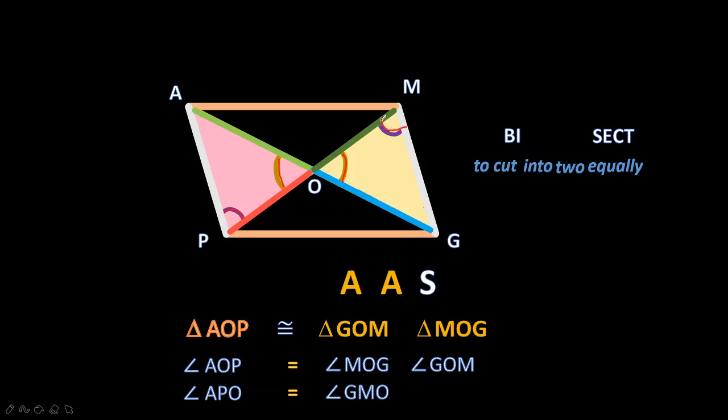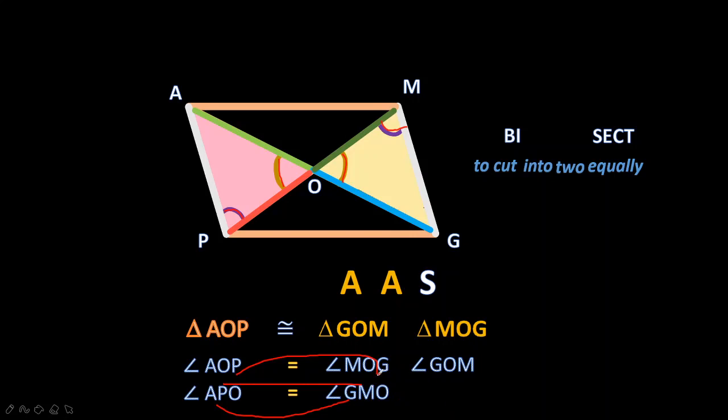So we see that A corresponds to G, and O of course corresponds to O, and P corresponds to M. Do you see that?